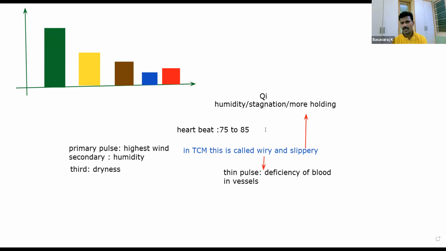The spleen produces food chi, the lung produces the pectoral chi, and the kidney also produces the chi, which is the essence. Heart is also responsible for the chi creation, but liver is responsible for moving the chi, the momentum of the chi. When blood deficiency creates the chi stagnation, the liver is unable to move.